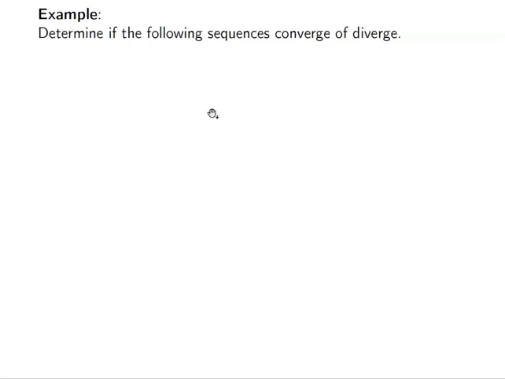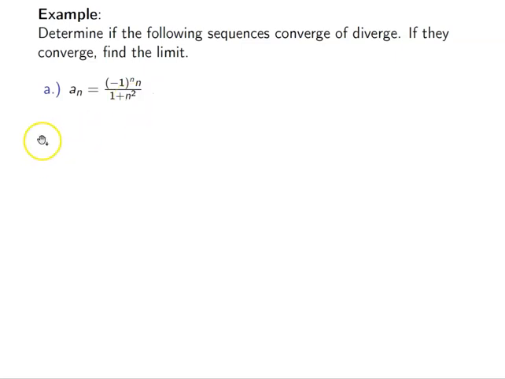So let's do an example. Let's determine if the following sequences converge or diverge. If they converge, then find the limit. So here, our sequence is the same one that we had at the very beginning, -1 to the nth power, so it's starting negative, n increases by 1. The denominator is being squared and then added to 1.